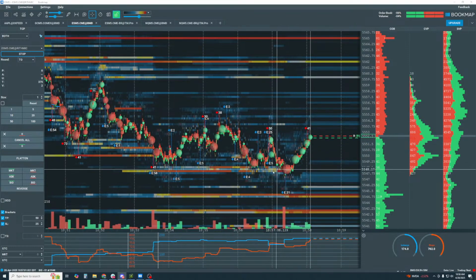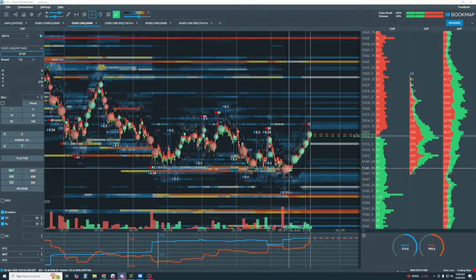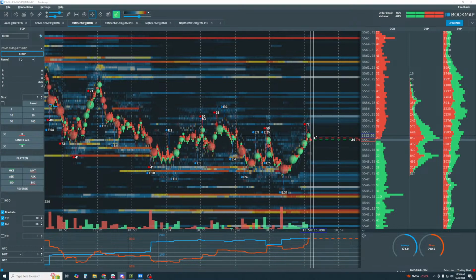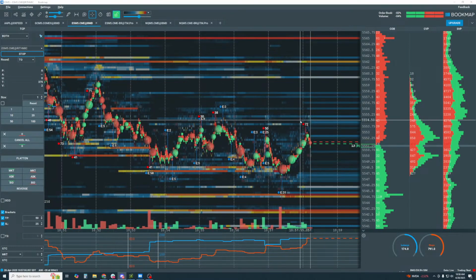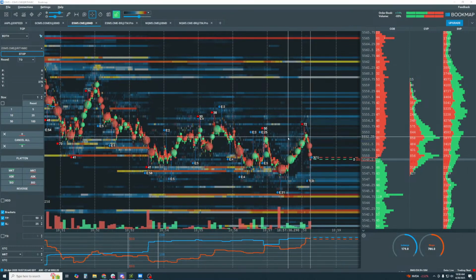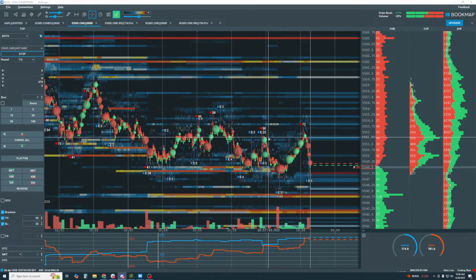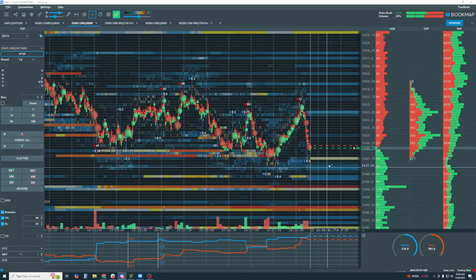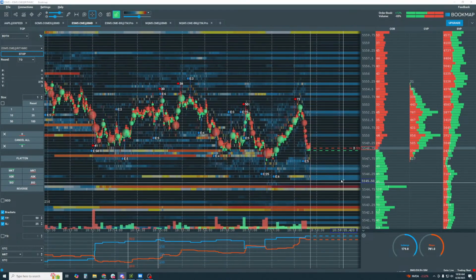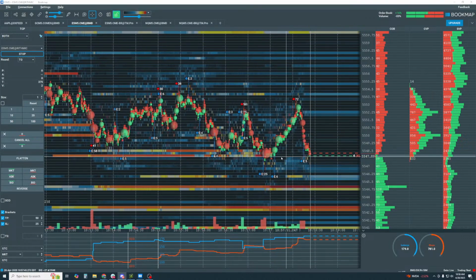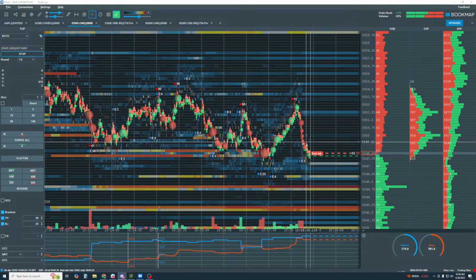Well, we got some buying after trading into that there. You guys can see. Okay, kind of an equal high, a little bit slightly higher. And sellers taking it right back down, trading back down to the low.